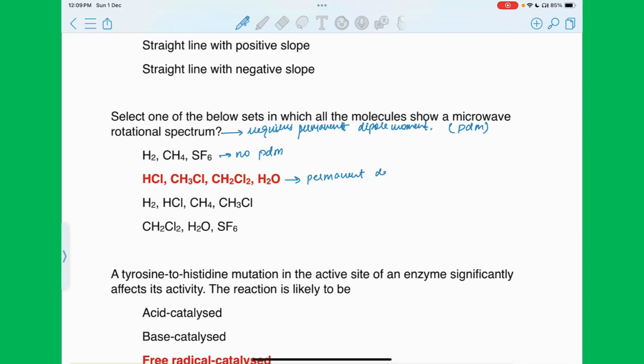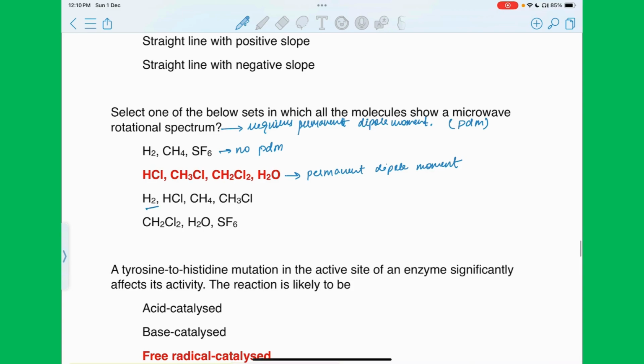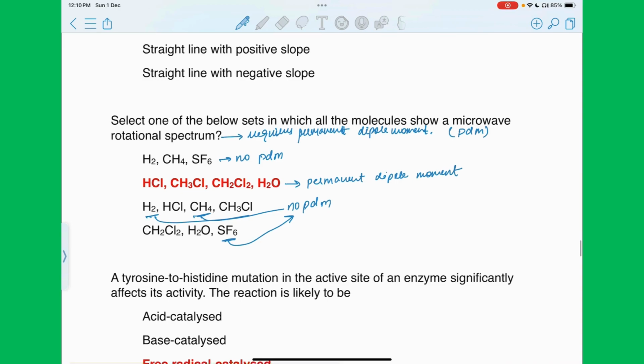For checking the dipole moment, you can check the valence shell configuration, but these are the more prominently used molecules given in the options. So you should remember which of these have a permanent dipole moment and which don't. Here, H2 and CH4 are not having a permanent dipole moment, and SF6 is also not having one. The correct option is option B.